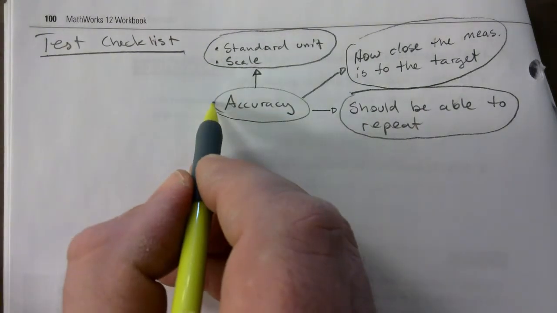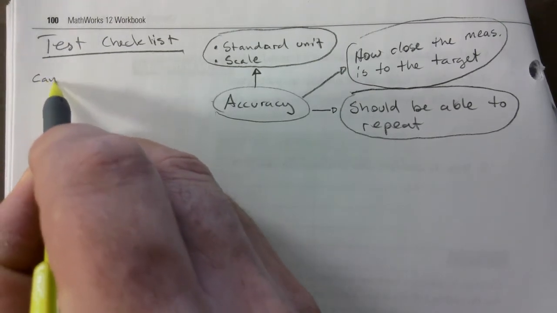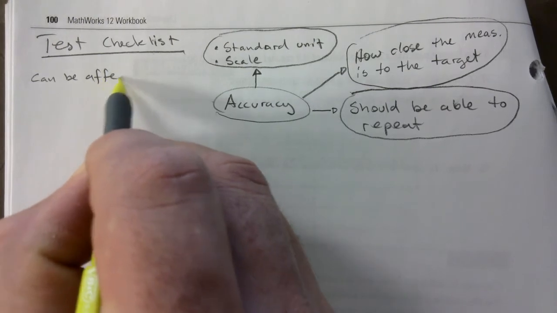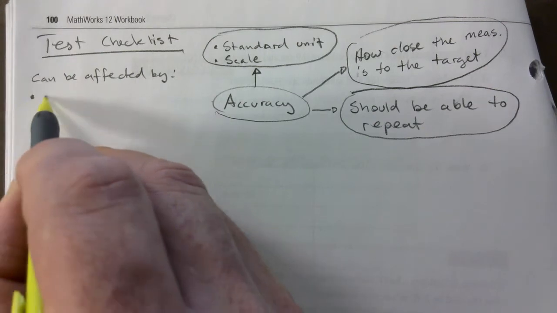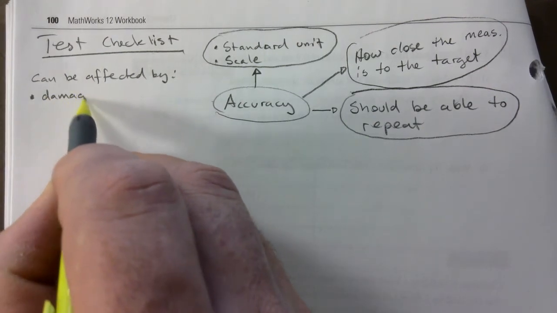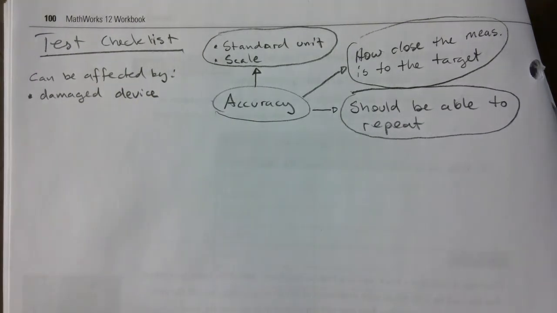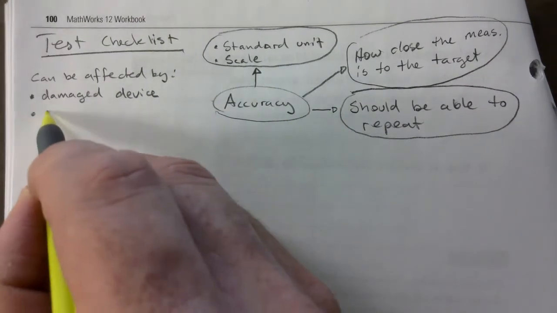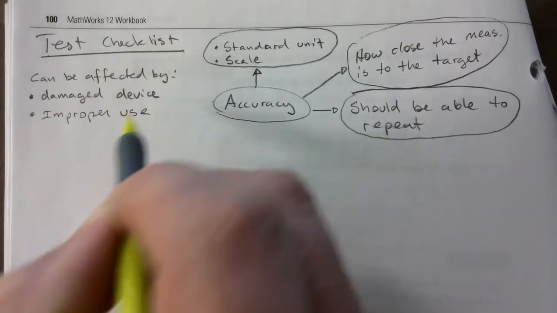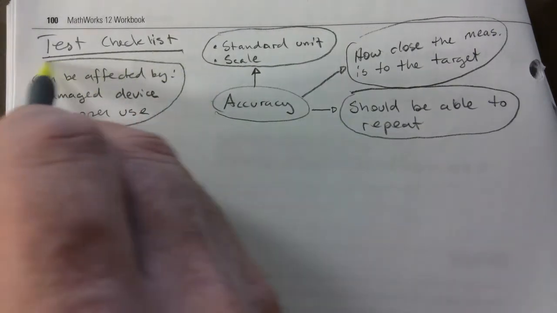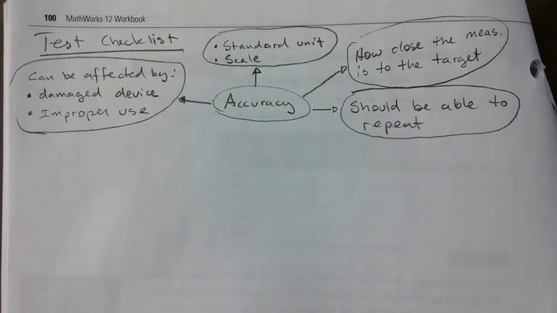Okay. It can be affected, so I'll just start here and then do the bubble. Can be affected by damaged device, and I hope you know that that means measuring device, and improper use would also qualify as, like if I ever ask you, hey, what happened here?